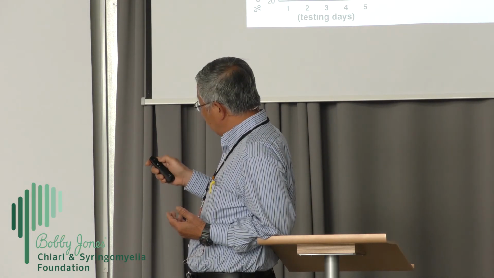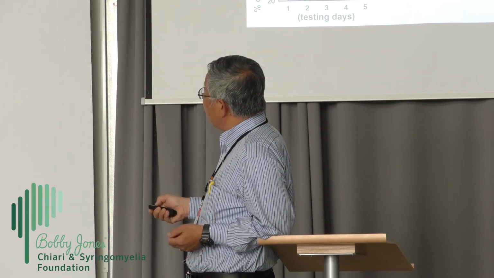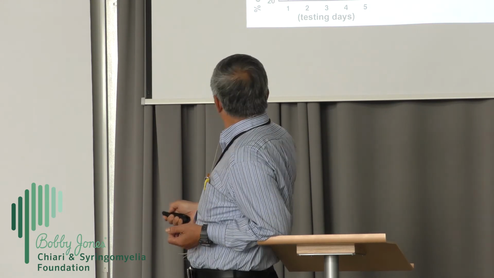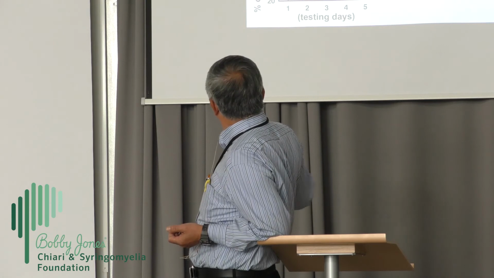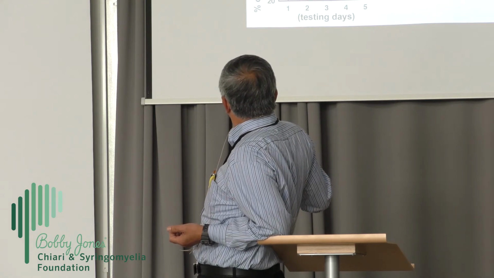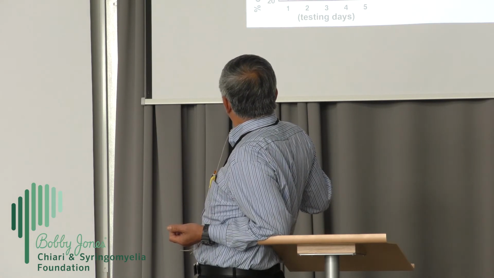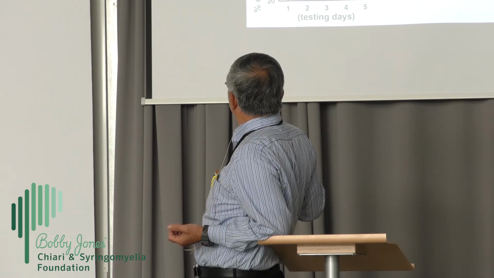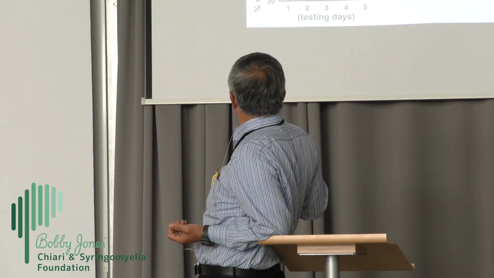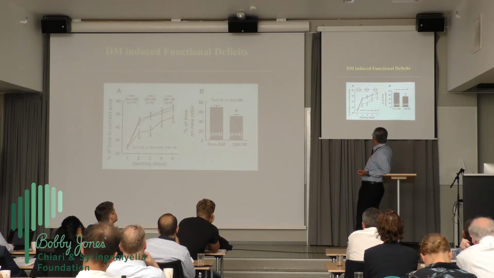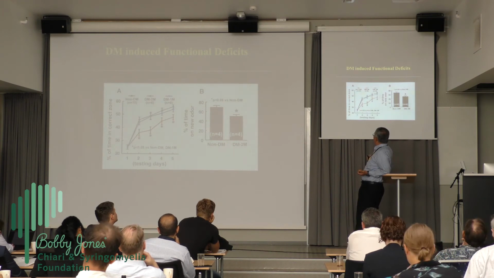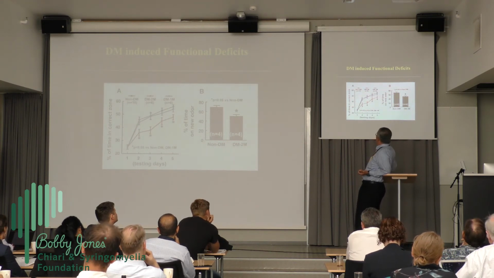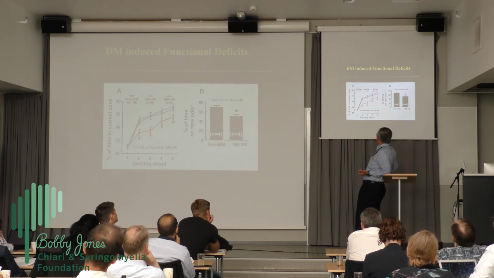This is a functional test. It is hard to see the color, but it basically shows that the diabetic animals have more functional deficit. I want you to pay attention to the dark green line.